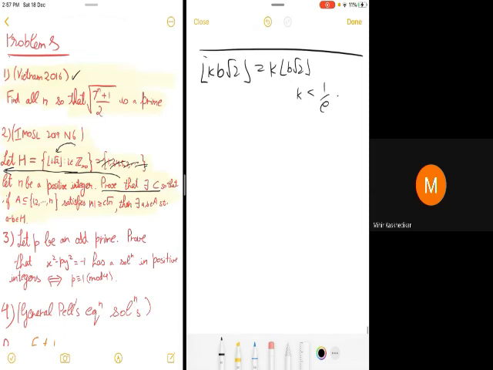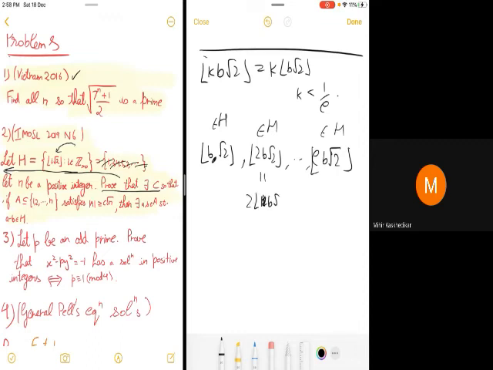So these things, this is in h, 2b root 2 l, these are all in h, and these form an AP of that type, this is also in h, and this is equal to this l b root 2.